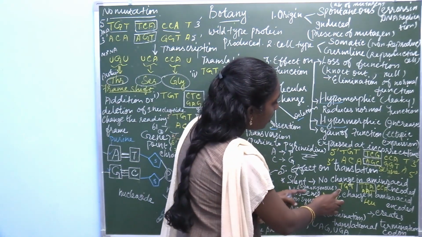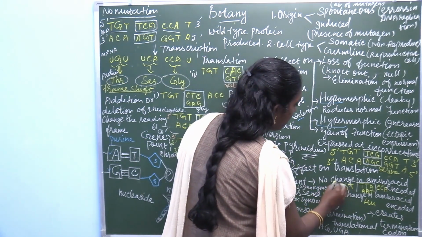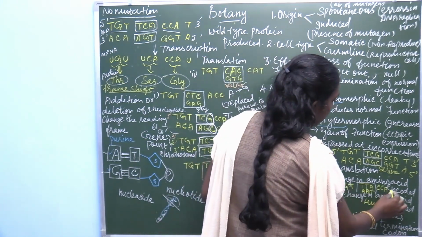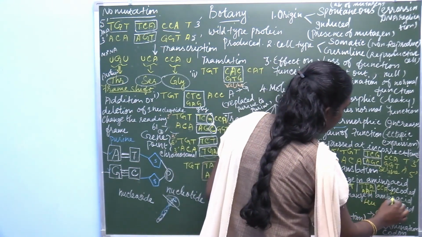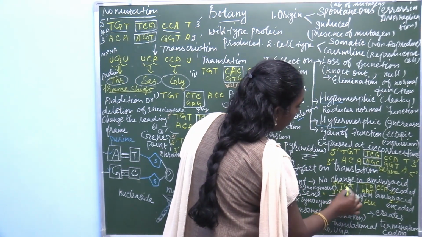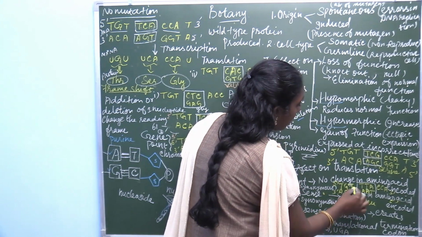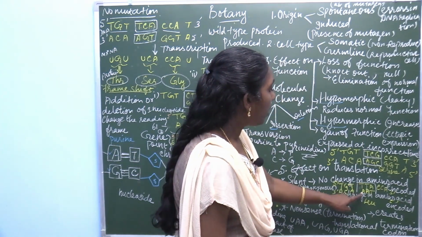TGT in the 5' to 3' direction, then the second sequence 3' to 5': instead of T, adenine.